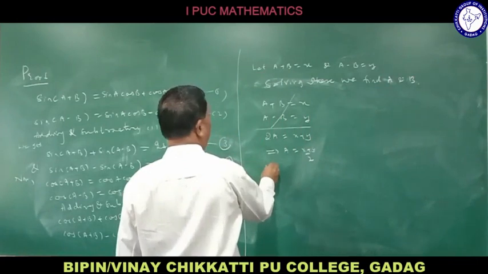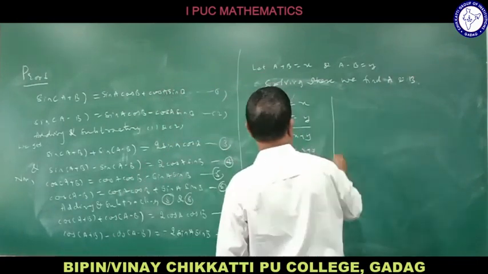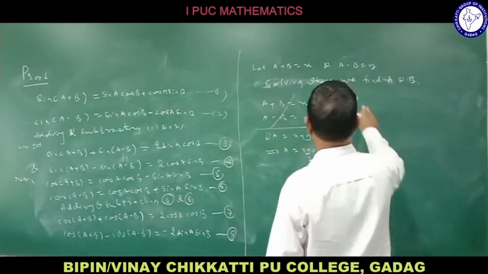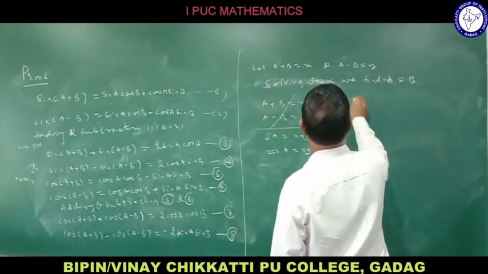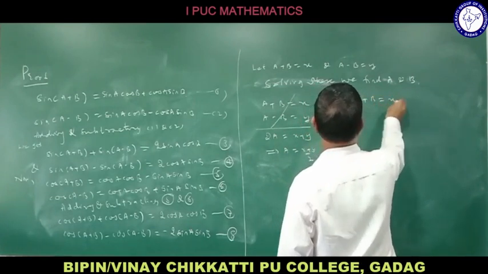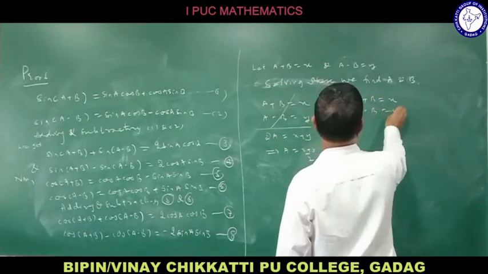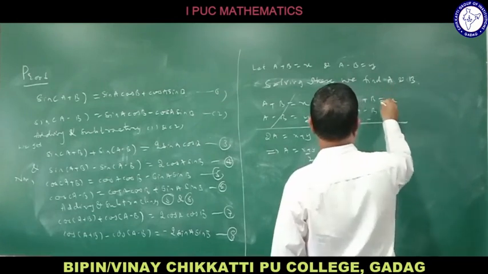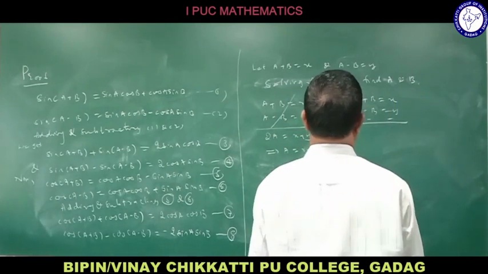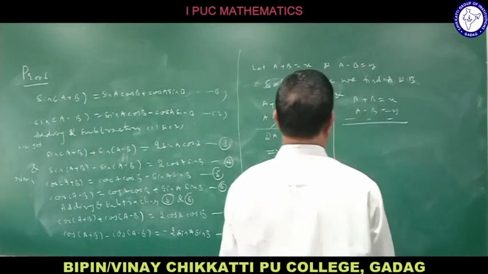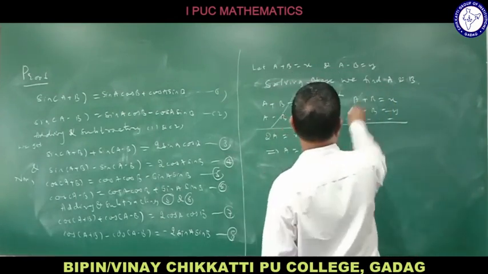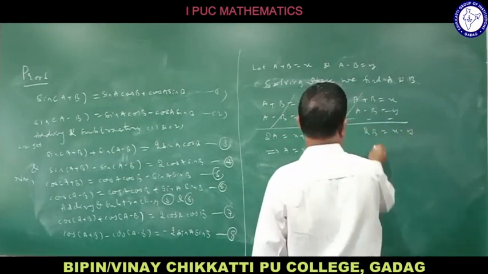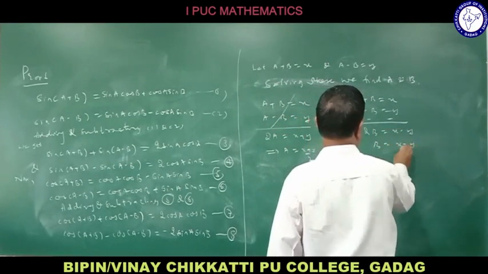Now you see, we can subtract: a plus b is equal to x, a minus b is equal to y. This time you subtract, minus, minus, minus. So this is cancelled, and 2b is equal to x minus y. So b is equal to x minus y by 2.